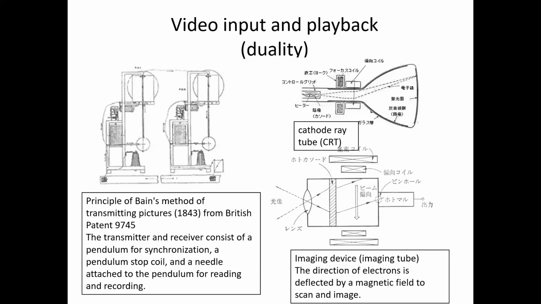And then there is some scanning of the scene, so you need a coil or some beam controller. Once you get the image you want to capture, you don't need to capture it just one time, because the human eye doesn't have a strong ability to capture very fast moving objects.